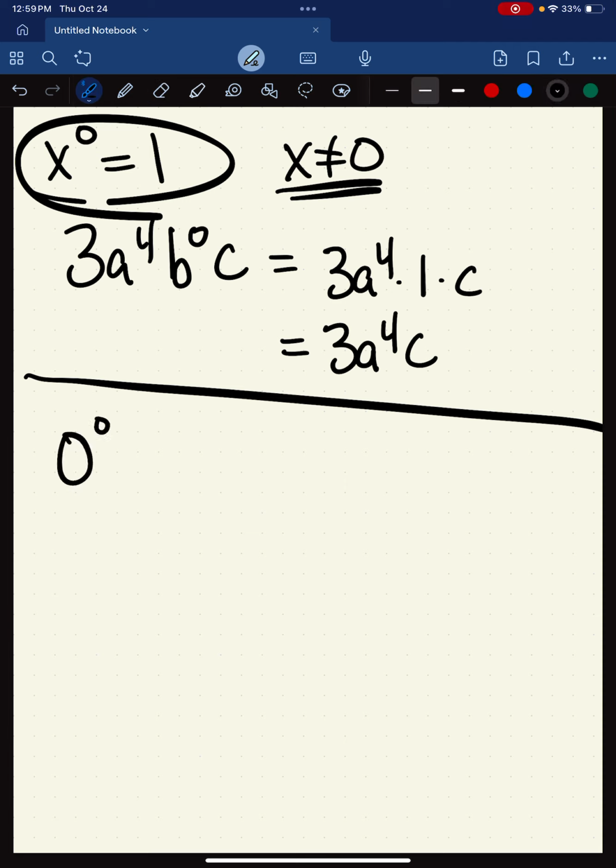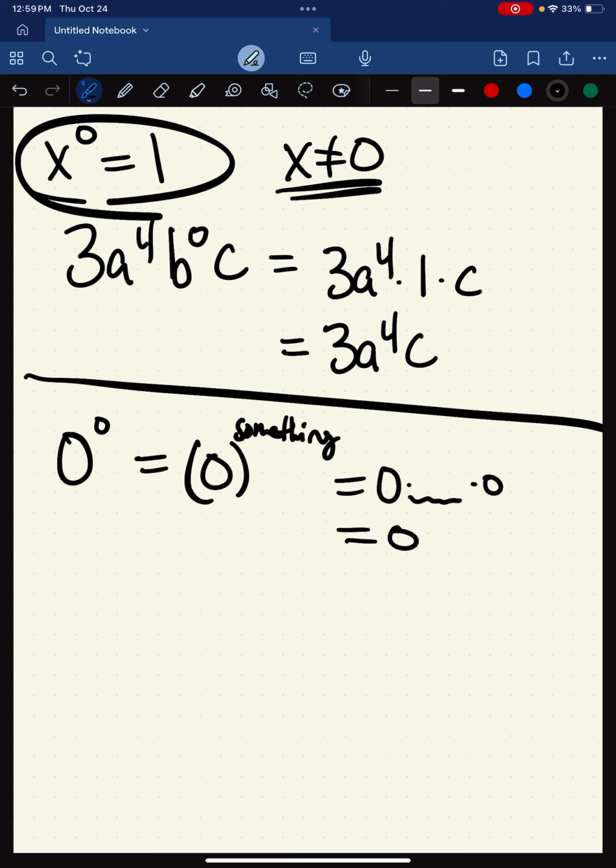Before we prove this property, let's talk about it. 0 to the 0. On the one hand, it's 0 to the power of something, which means we have 0 times whatever, 0, however many times, which is always going to be 0, right?